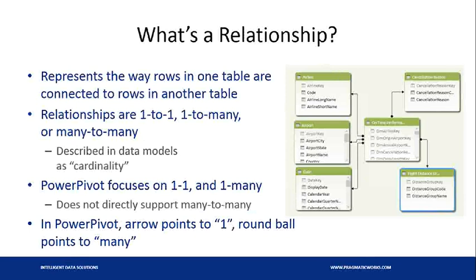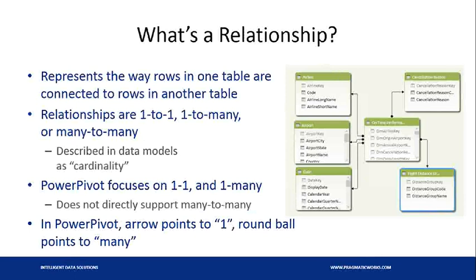In PowerPivot, we really focus on the one-to-one relationship. And a one-to-many relationship works in PowerPivot. The one I want you to remember is that a many-to-many does not. So I'll give you some examples. In this model we're looking at, there's a relationship between an airline and on-time performance records.